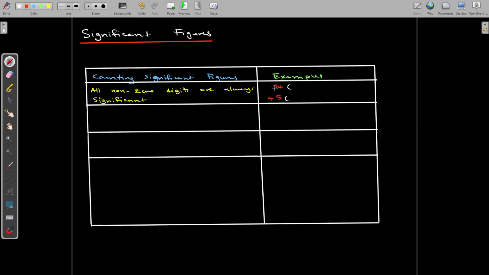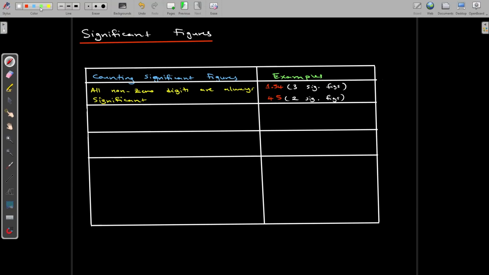Let me put it a little closer. It's 1 point. So that one has 3 significant figures. And we refer to it as sig figs. And this one has 2 significant figures. So let's look at the non-zero digits here, and that would give us the answer.